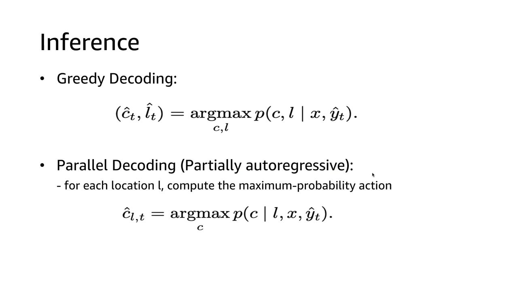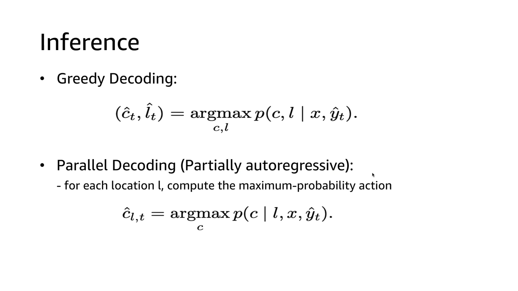What makes it truly partially autoregressive is the ability to do parallel decoding instead, which is the second option, where you can add multiple words in the same time step. What we do here is for every slot, we predict a word. So when we're doing that, we can think of this as fixing the location, which is why it is conditioned on the location as well.